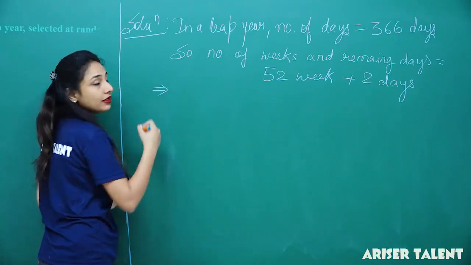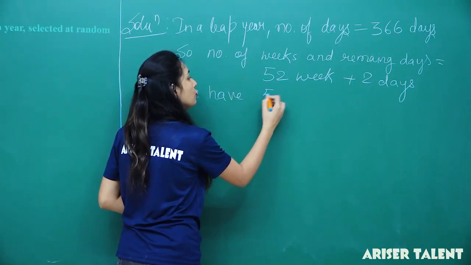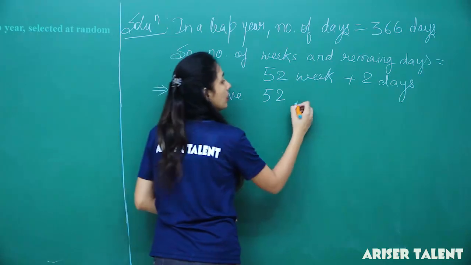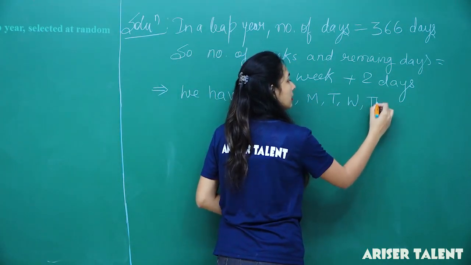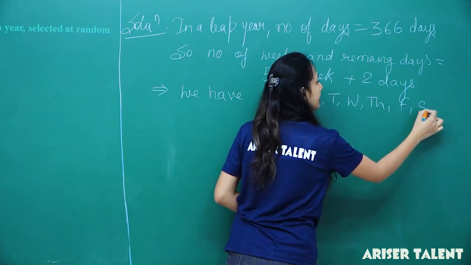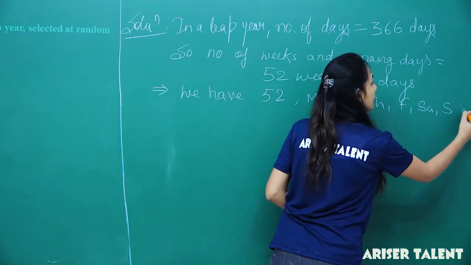This implies that we have 52 Mondays, Tuesdays, Wednesdays, Thursdays, Fridays, Saturdays and Sundays in the year.